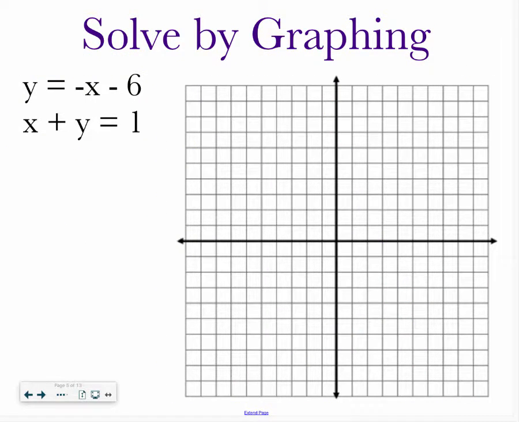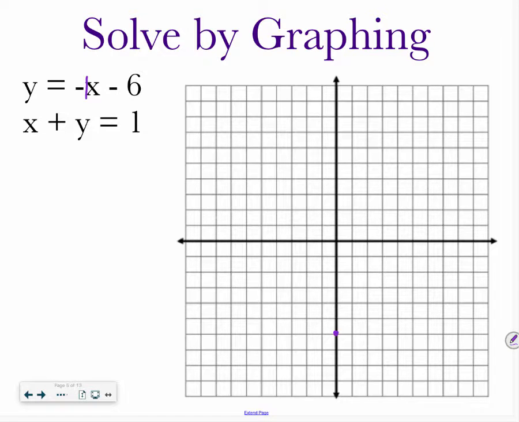So let's try graphing another one. This time we have y equals negative x minus 6. Let's start at negative 6. If we have a negative x slope, it's like a negative 1.